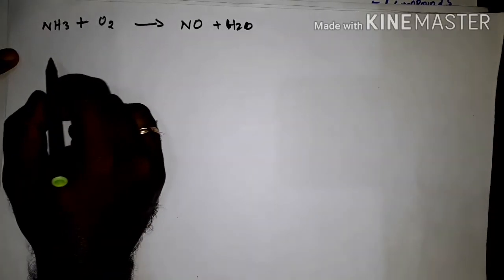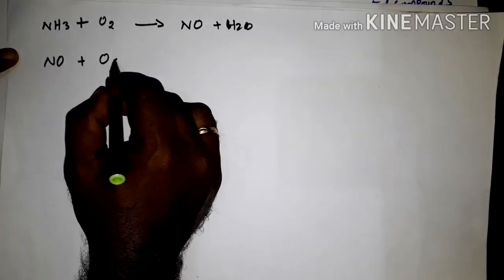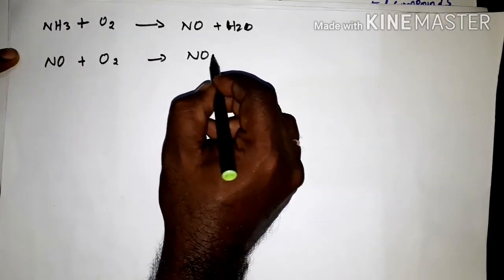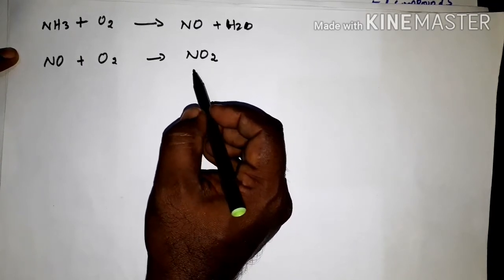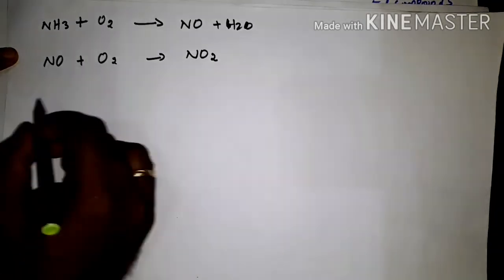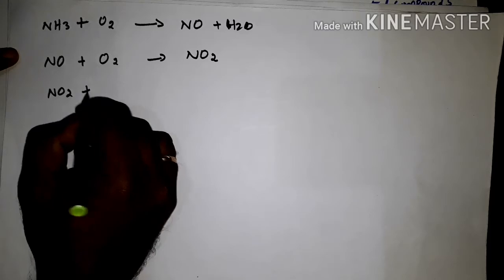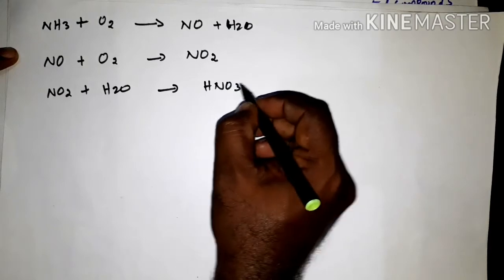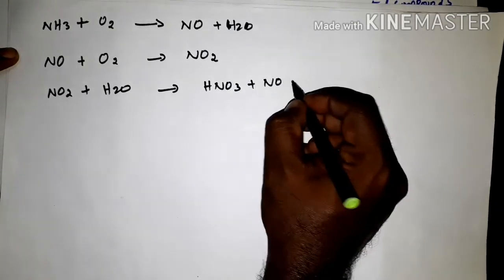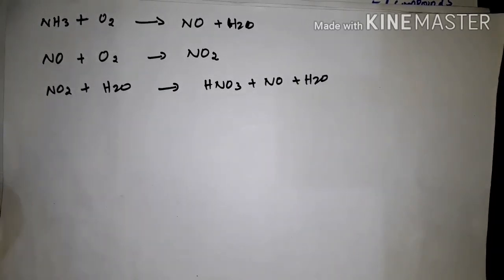Then in the next step, nitrogen monoxide is again oxidized with oxygen to give nitrogen dioxide. So this nitrogen dioxide is passed through the adsorption towers, where it reacts with water. So NO2 plus water gives nitric acid HNO3 plus nitrogen monoxide. Clear? So these are the three equations.